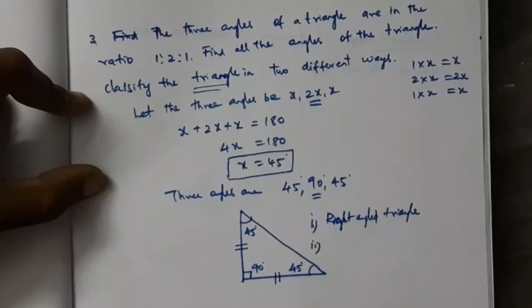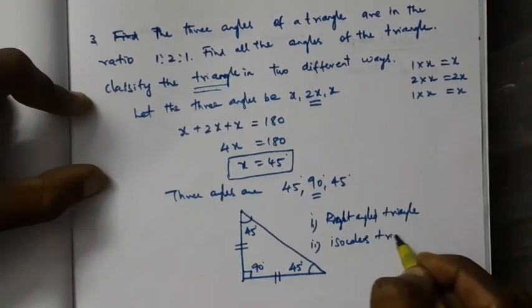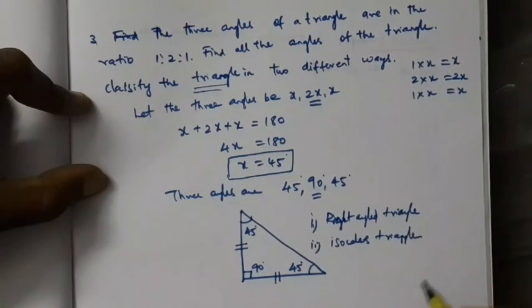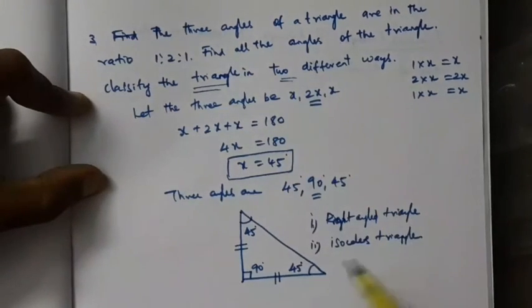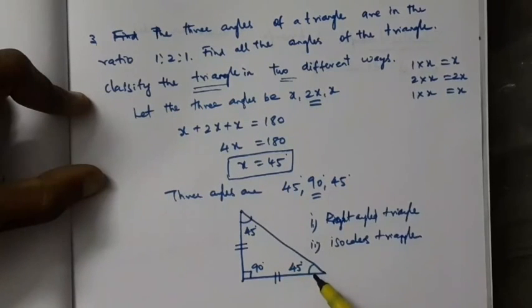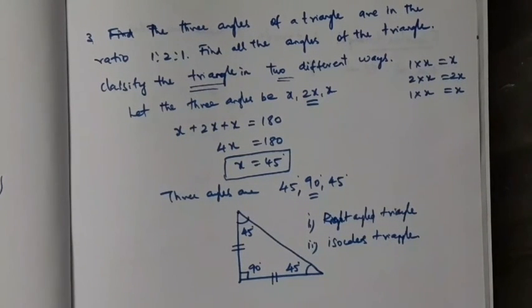In a triangle, if two of its sides are of equal length, then the triangle can be called an isosceles triangle. So there are two different ways you can classify this triangle: one is a right angle triangle, another is an isosceles triangle. Only for a right angle triangle, if these two angles are 45 degrees, then these two sides are equal, not this side. So this triangle can also be classified as an isosceles triangle.